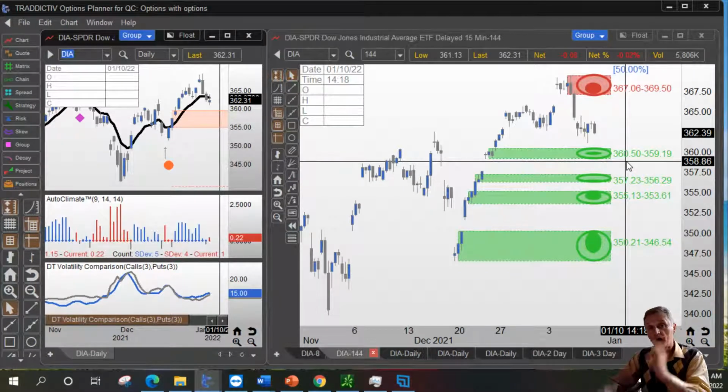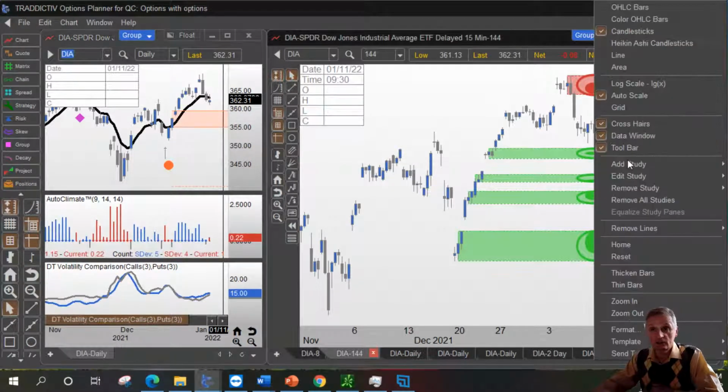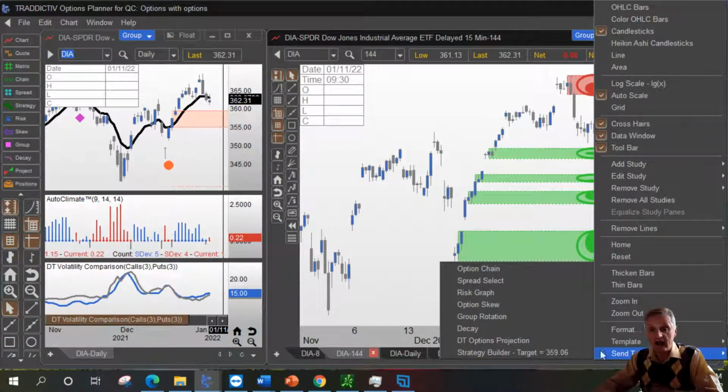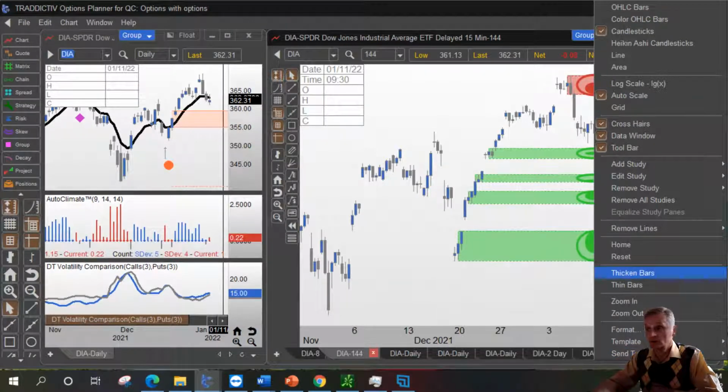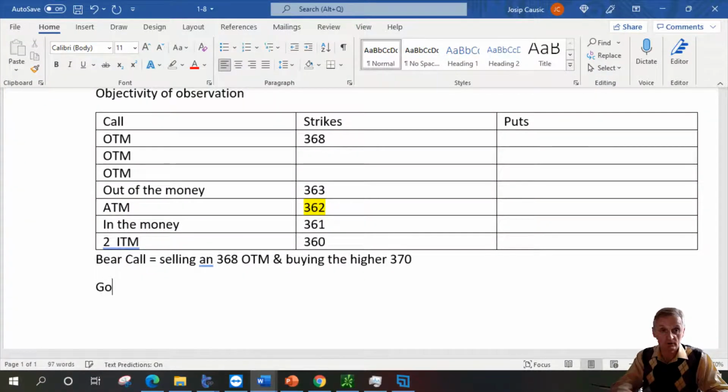So one of the powerful things of the Tradictive option planner is that I can place the mouse on an area that I want it to go. I single right click, and then when I scroll all the way down to the send to, I have a strategy builder right here that is going to show up. So without any hesitation, I'm going to give you the first golden nugget. Okay, this is a golden nugget of this platform.